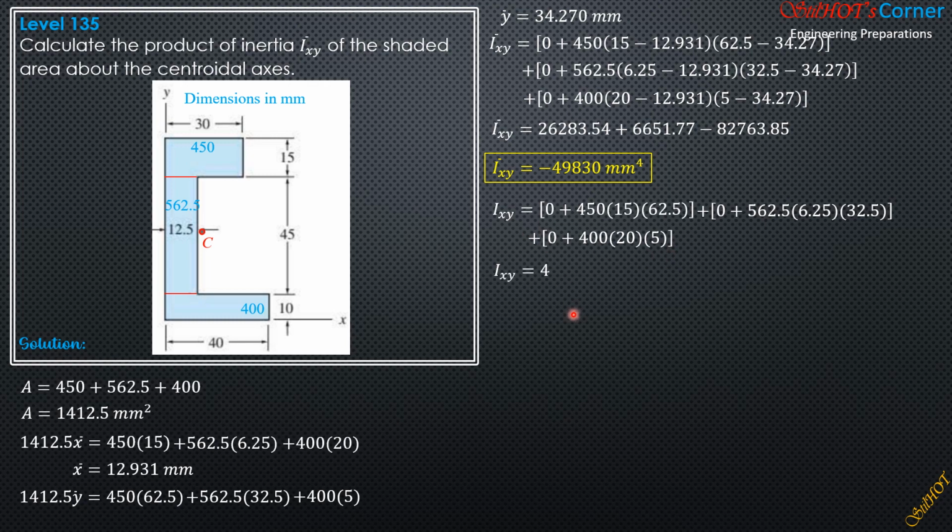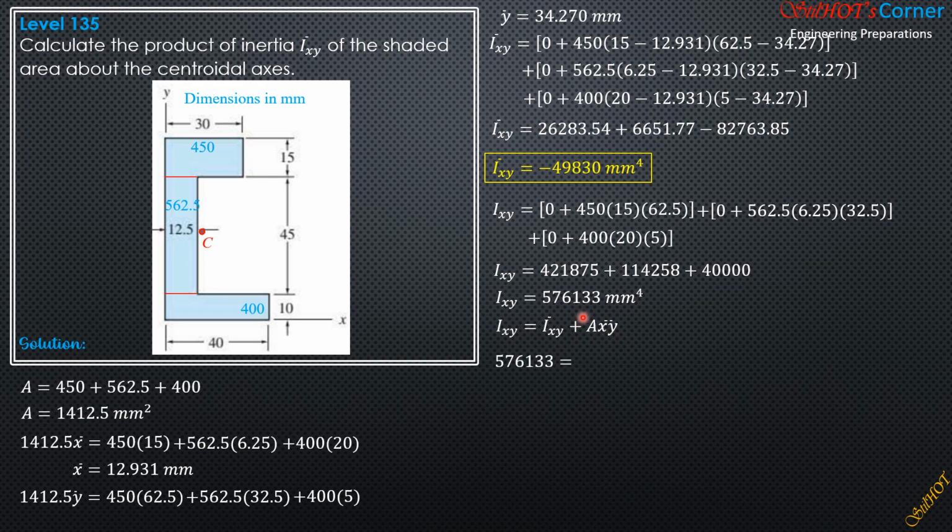So Ixy is equal to 421,875 first term, second term, third term. So Ixy is equal to 576,133 millimeters square. Then substitute into Ixy equals I bar xy plus area bar x bar y.